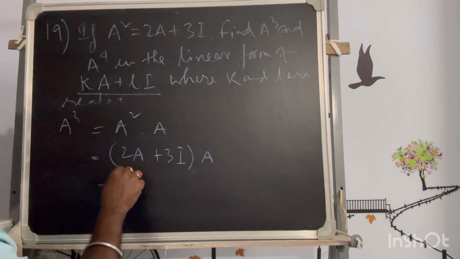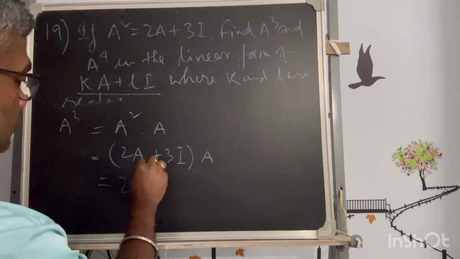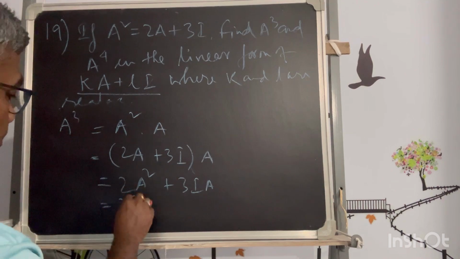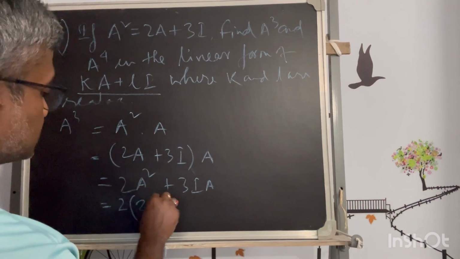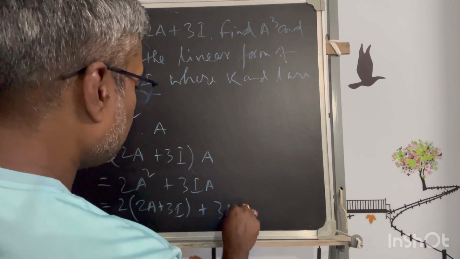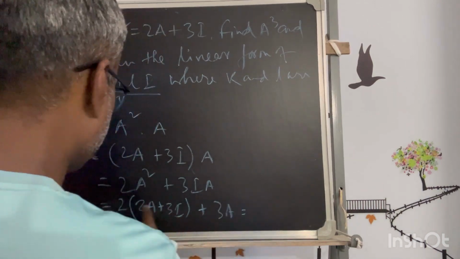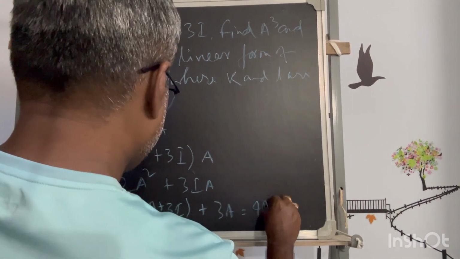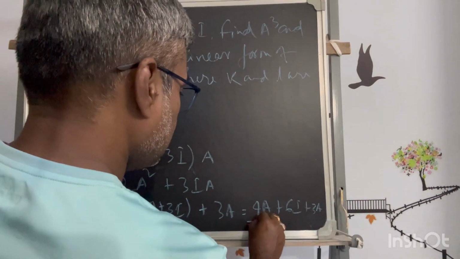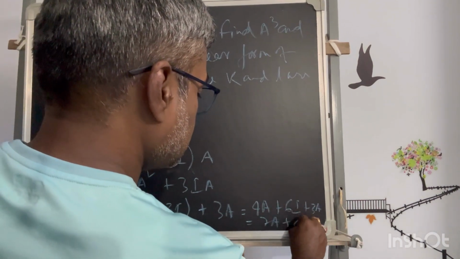Now we will break it into 2 a square plus 3Ia. Now this can be represented as 2 into 2a plus 3I plus 3a ultimately. Now this will turn into 4a plus 6I plus 3a. So this will become 7a plus 6I.